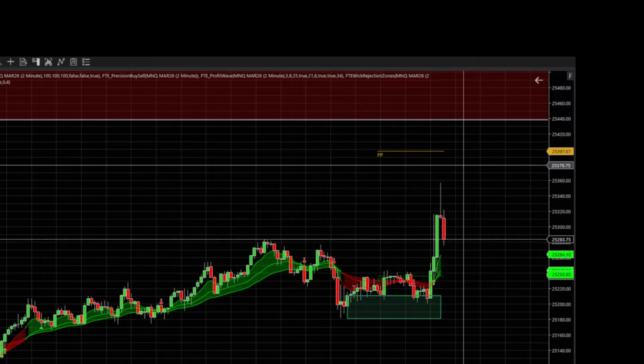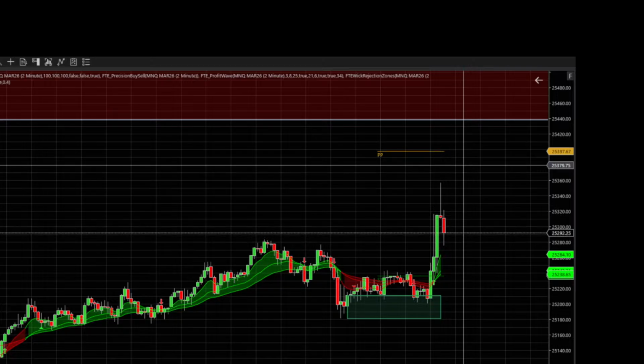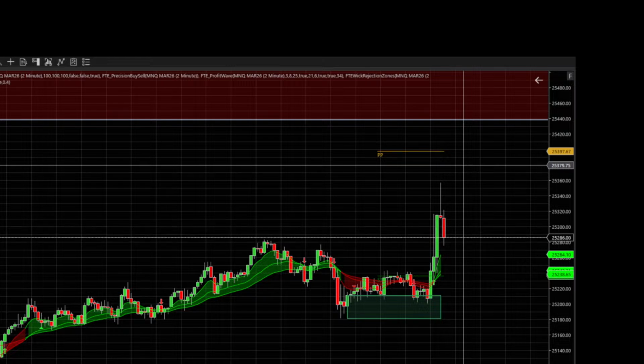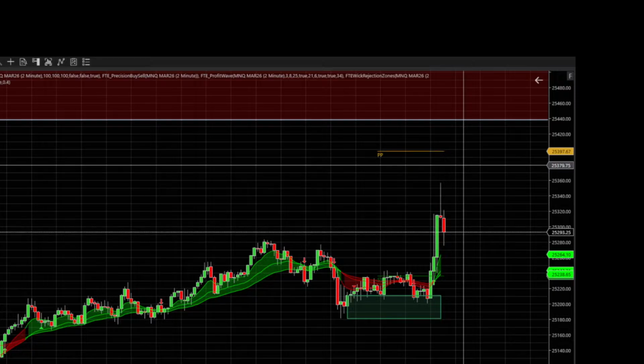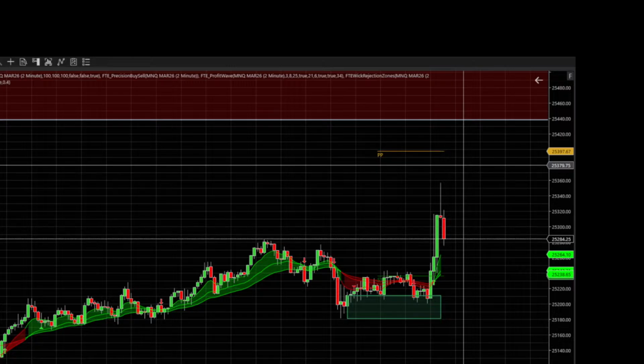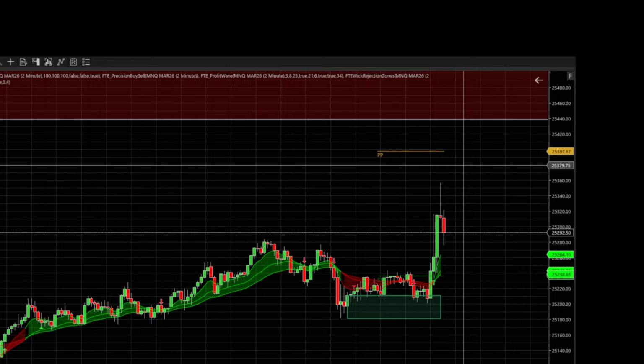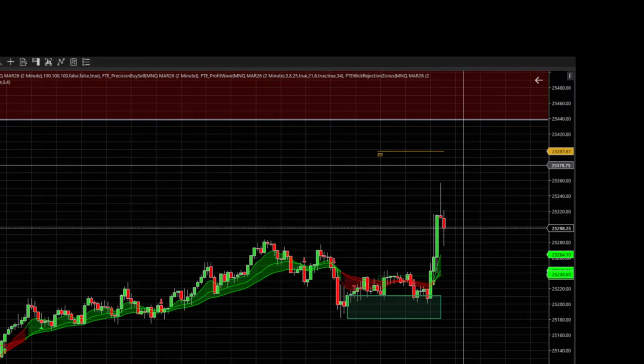So I try to keep my stops tight, because I would rather lose 5 points and just stop out than put a wide stop on and stop out. My reason being is because if I got to give it that much room, then I did not find the right entry for myself. I spend a whole lot of time trying to pinpoint the cleanest entries that I can get so that I don't have to make my stops that wide.